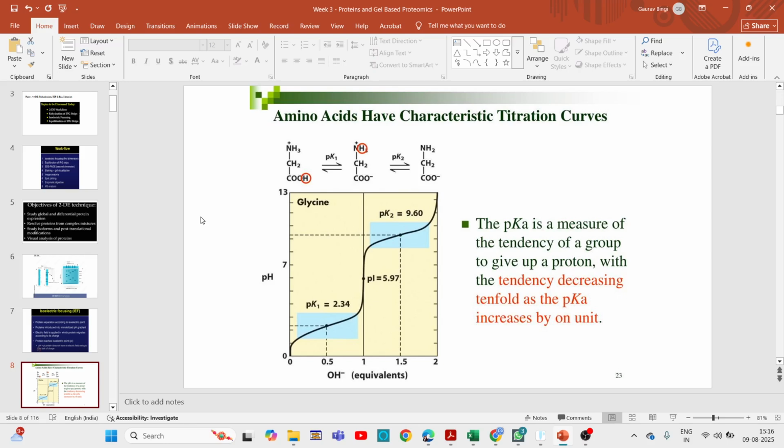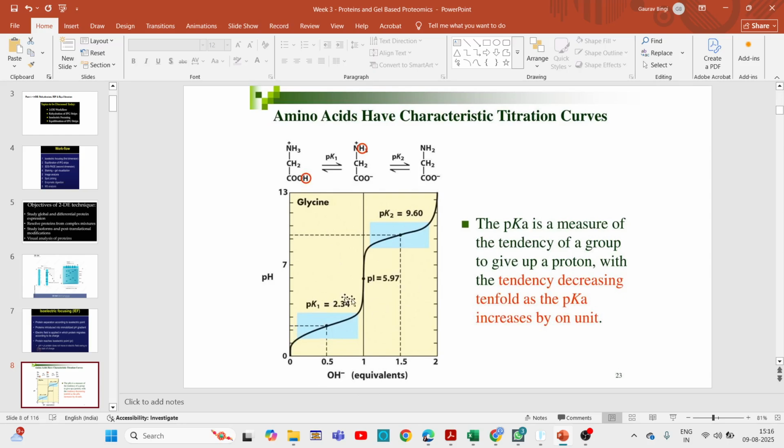How exactly does pI work? As you all know, proteins are made up of amino acids, and each amino acid will undergo a specific reaction of positive and negative charges depending upon the pH, or depending upon the OH minus ions available in the solution.